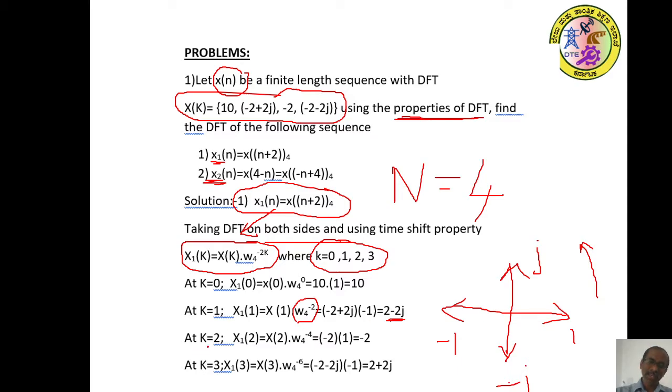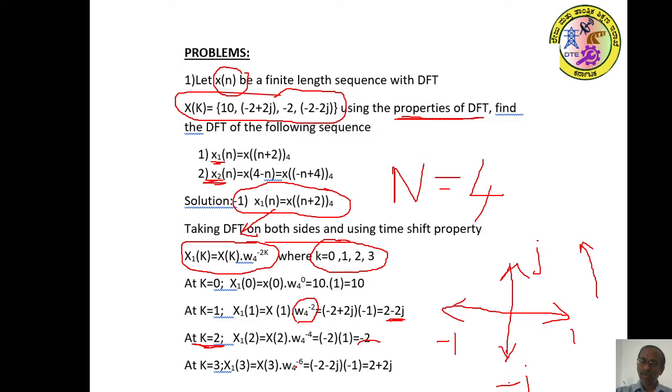Let us try at k is equal to 2. At k is equal to 2, our x1 of 2 will be equal to x of 2 into omega 4 power minus 4. Using the periodicity property, it becomes omega 4 power 0. Therefore, minus 2 into 1, that becomes minus 2. Try at 3. x1 of 3 is equal to x of 3 into omega 4 power minus 6.